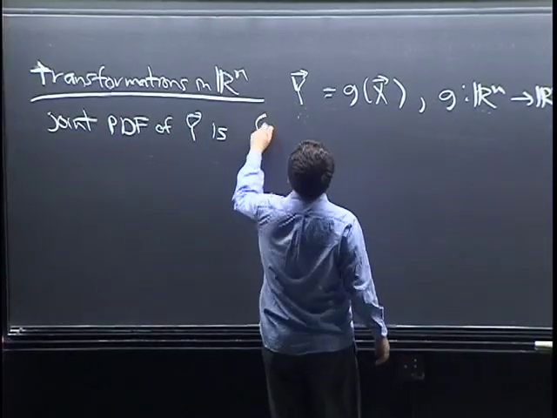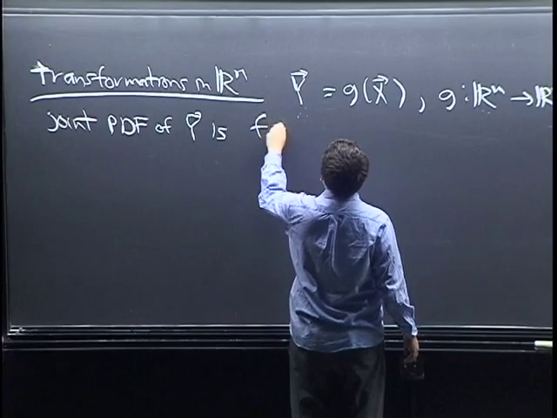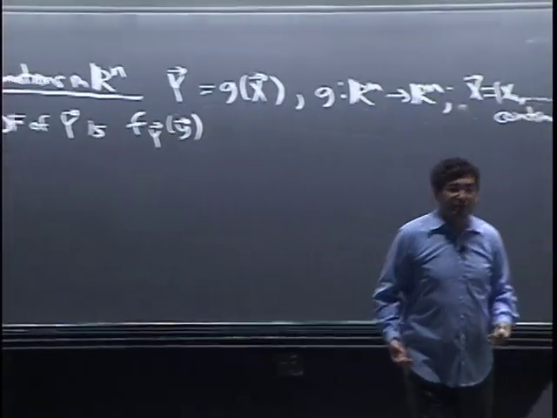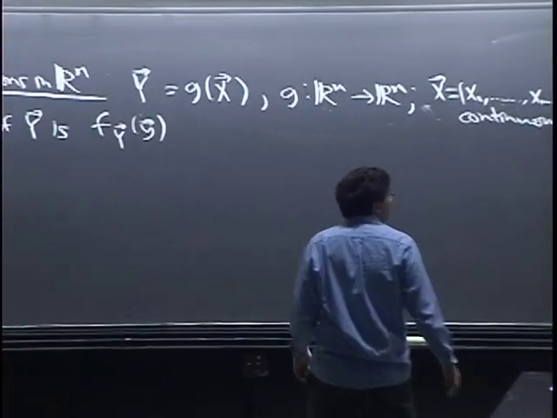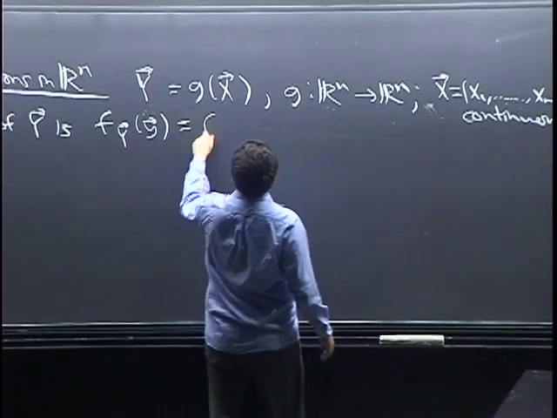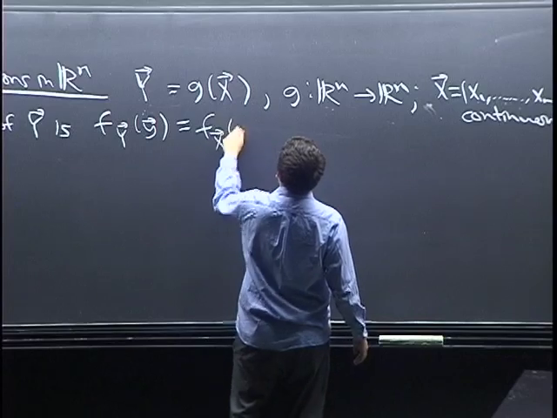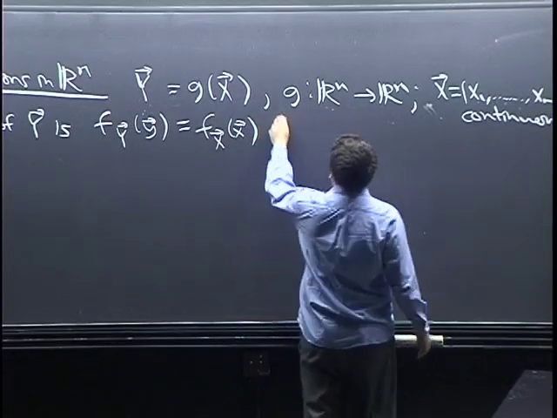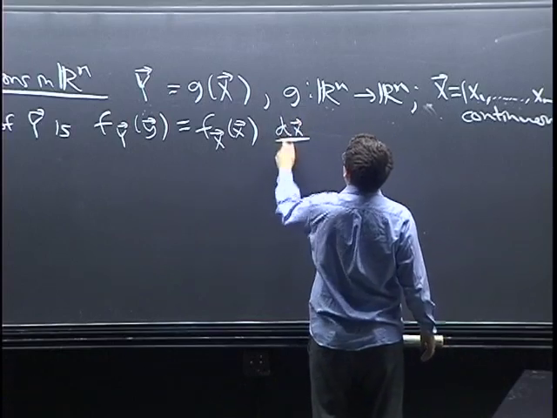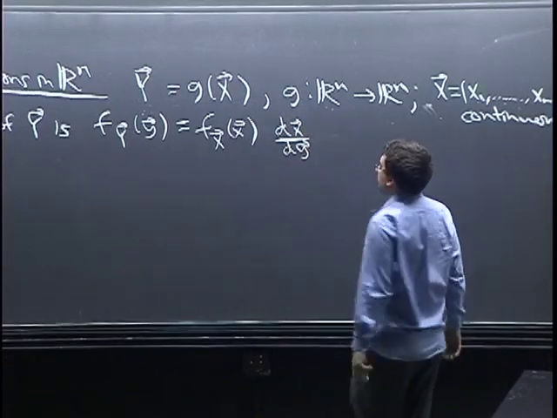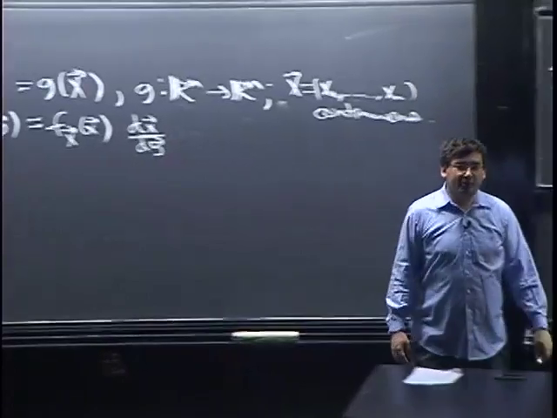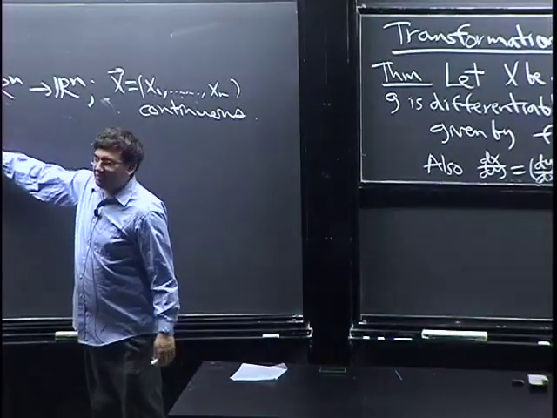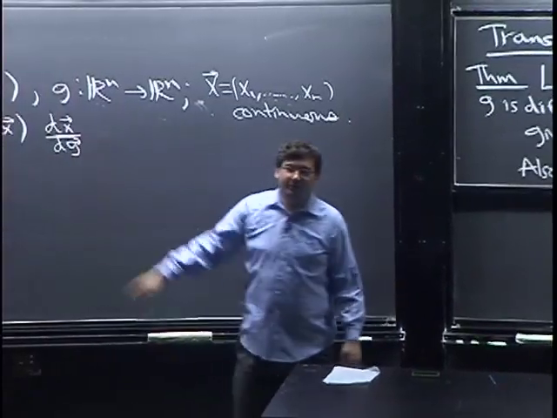F sub y of y, I'm just using that as notation for the joint PDF, equals the joint PDF of x times dx dy. The only problem with this is, how do we interpret the derivative of this vector with respect to that vector?